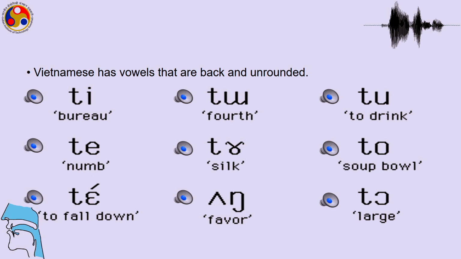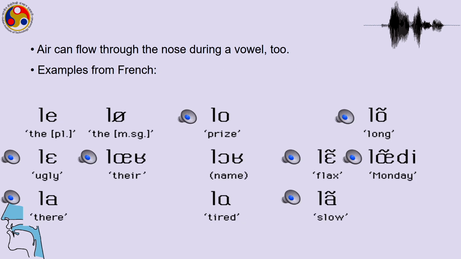Vietnamese has vowels that are back and unrounded, and these are the examples. So these are uncommon combinations for vowels and are not seen very often, that is front and rounded, back and unrounded, but there are languages which show both.